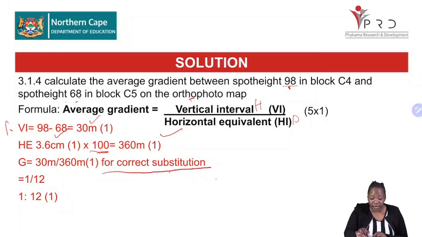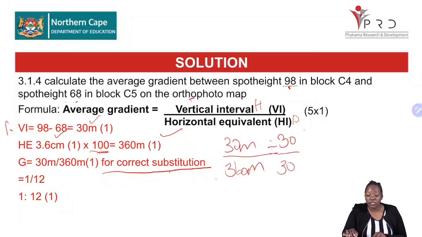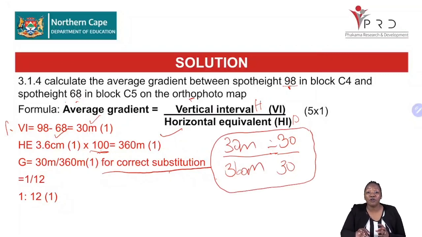And then after that, you're going to break this fraction, 30 meters over 360 meters. You then divide both sides by your vertical interval, which is 30 and then 30. After this, do not put this as a fraction in your calculator, because you're going to get a wrong answer, your 0,0 something.